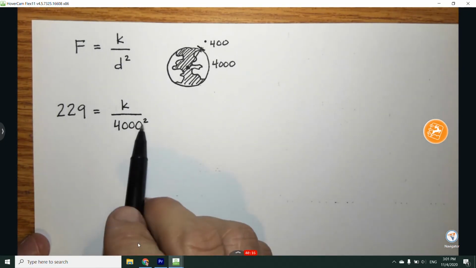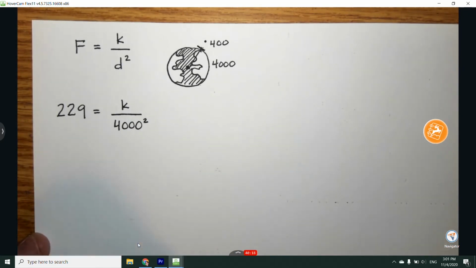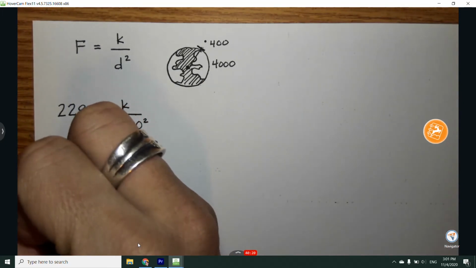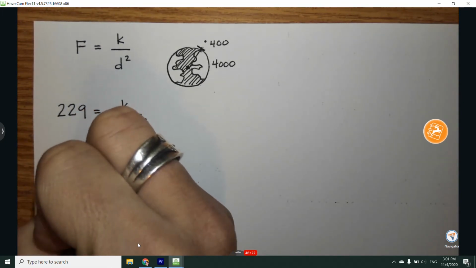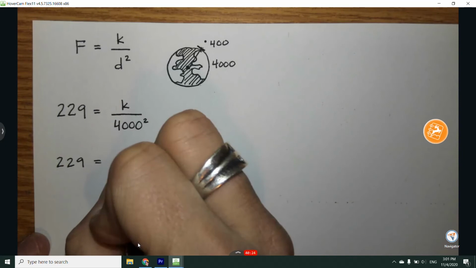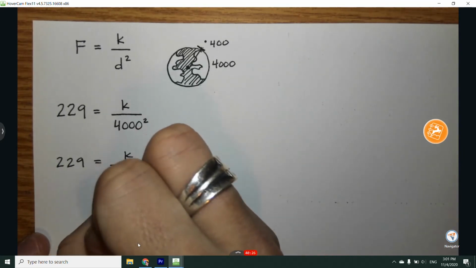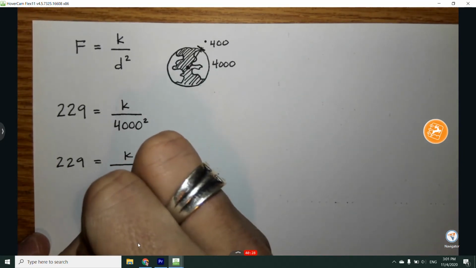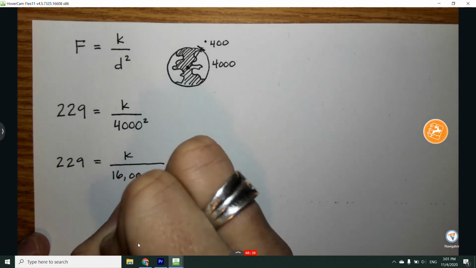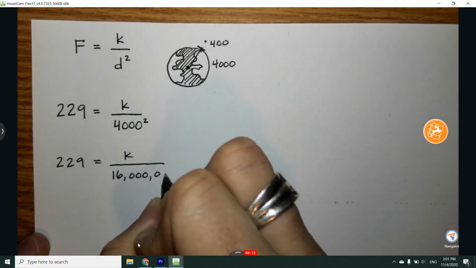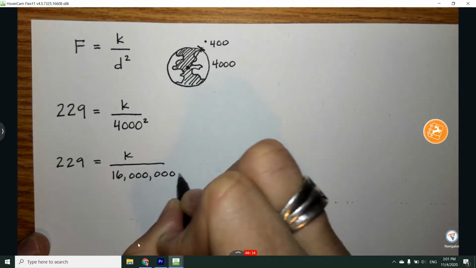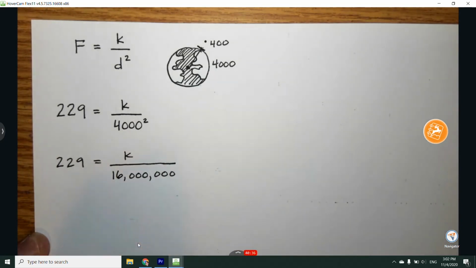Now, we need to square this 4,000, which gives us a pretty astronomically big number. So this is K over 16 million is what we end up with here. Multiply 4,000 times 4,000.